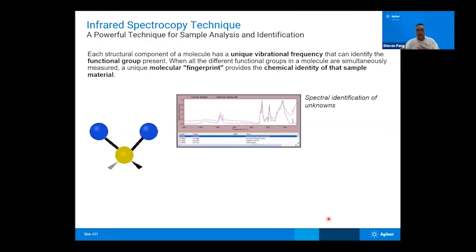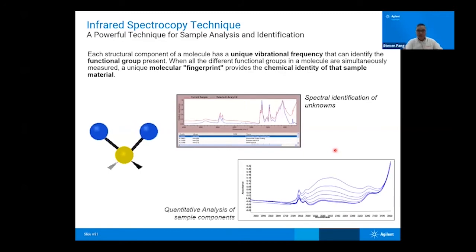But to the scientists, infrared is powerful because it allows us to do two things. Number one is we can have a spectral identification of unknowns. To ordinary people, these are just funny looking peaks here. But to the chemists, these are the dances of the different chemical bonds dancing to the different energy of infrared light passing through it, resonating with it.